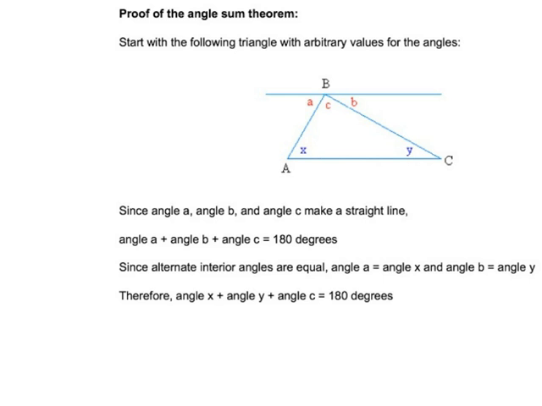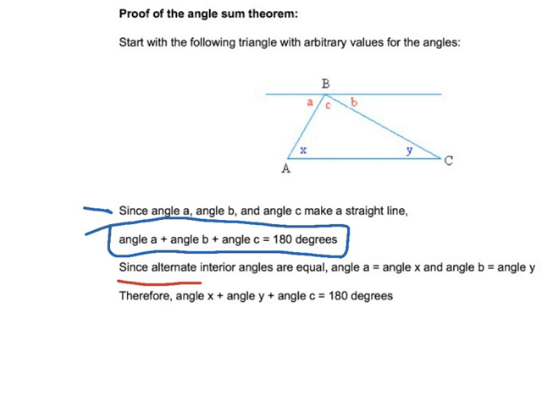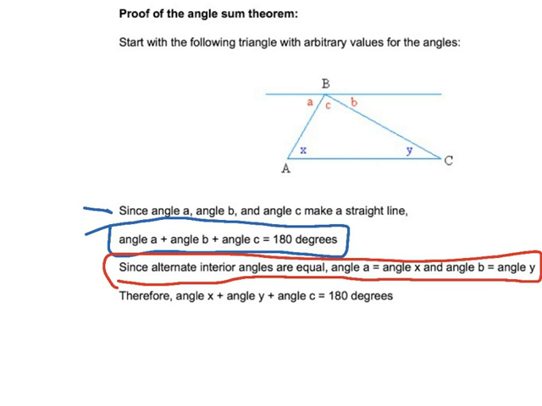If I was faced with something like this, the first thing I would do is read through each line. Since angle A, B, and C make a straight line, we have the statement angle A plus angle B plus angle C equals 180 degrees. That makes sense, so I would write that I'm checking that. The next line says, since alternate interior angles are equal, angle A equals angle X, and angle B equals angle Y. So let's go up there and check those.